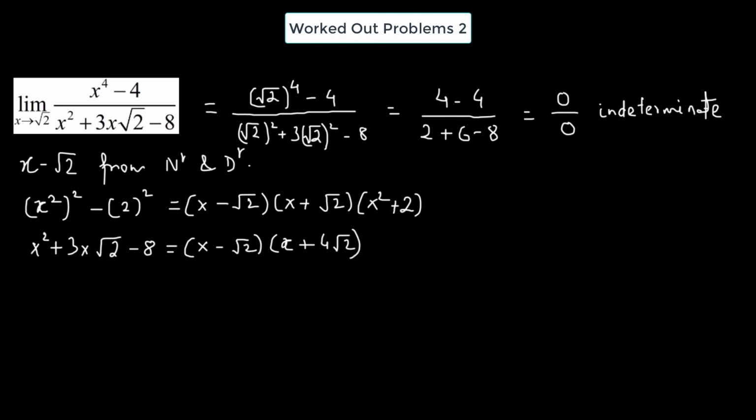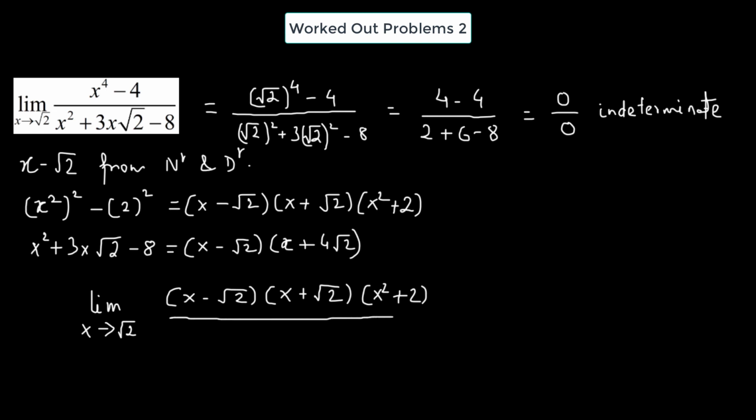So now we're going to replace the numerator and denominator by these factored values. So we have limit x going to root 2, so x raised to the power of 4 minus 4 can be rewritten as x minus square root of 2 times x plus square root of 2 times x squared plus 2, divided by x minus root 2 times x plus 4 root 2.